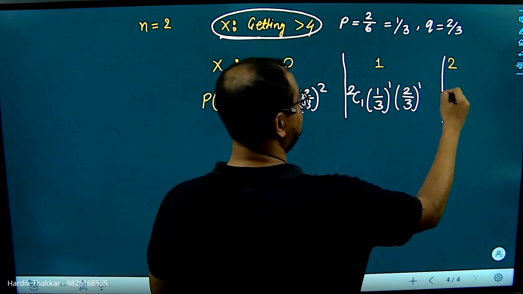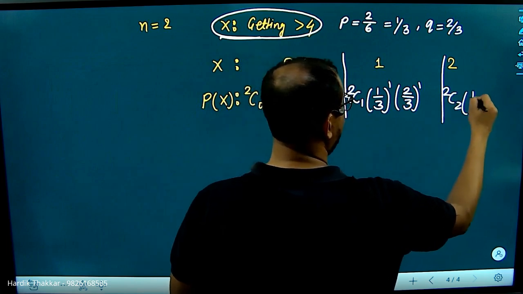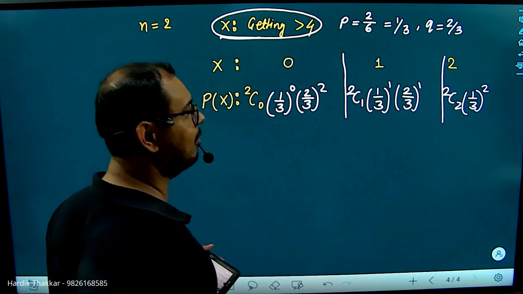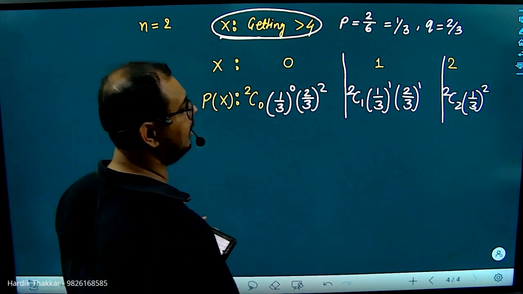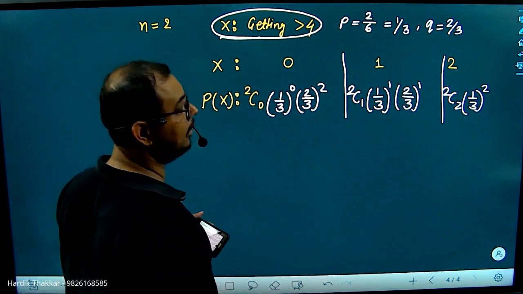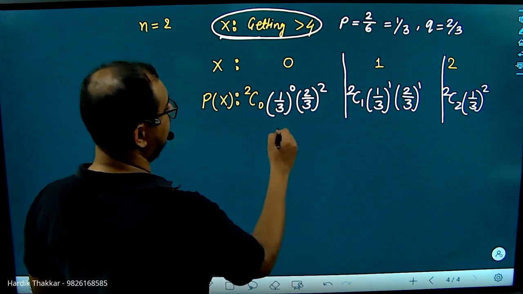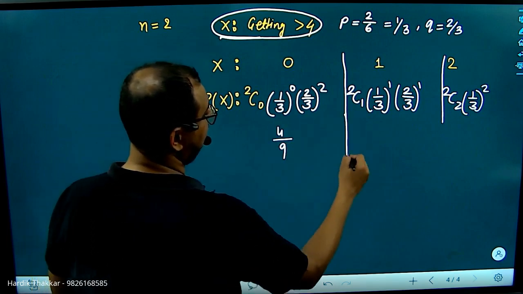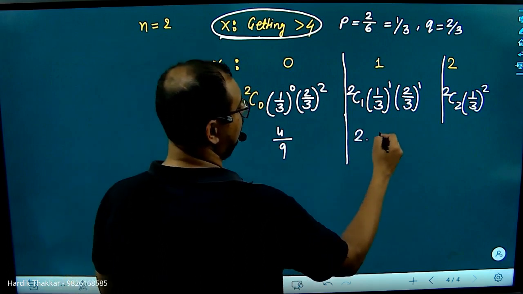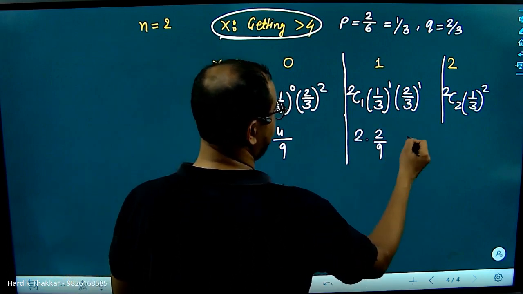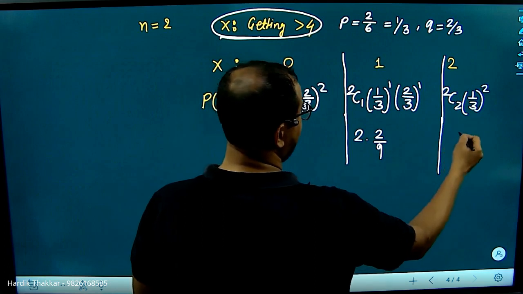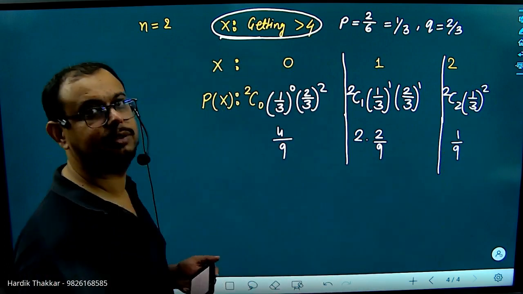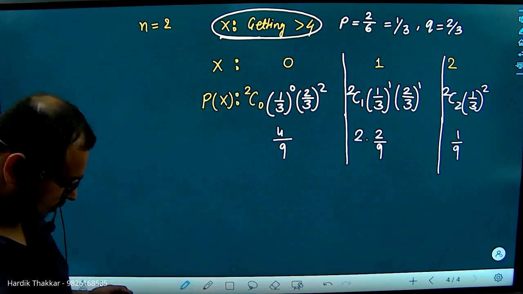Further, for two successes, it will be 2C2 (1 upon 3) raised to power 2, and (2 by 3) raised to power 0 is 1 only. So here it will be 4 by 9. Next probability will be 2 into 2 by 9, again 4 by 9. Here it is 1 upon 9. Okay, so the probability distribution will look like this.